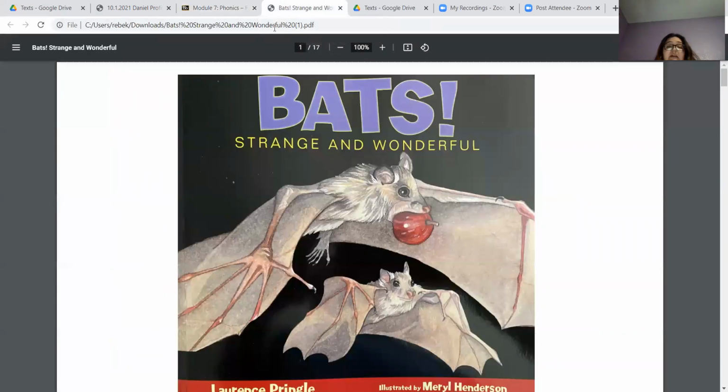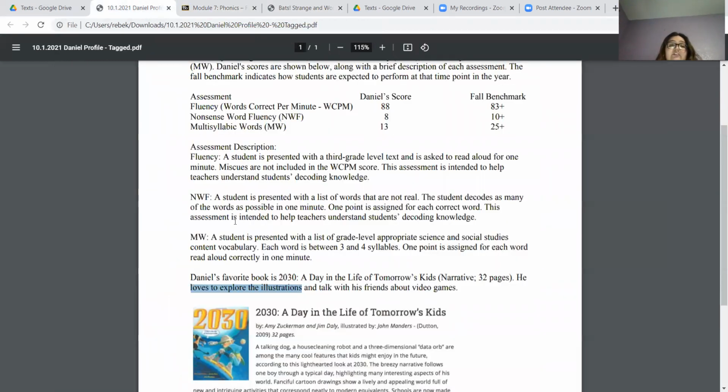The book that I would not recommend for Daniel to read, especially because he is below in some of the categories on his score sheet right here on his profile, we can see it right here, he's not where he should be.